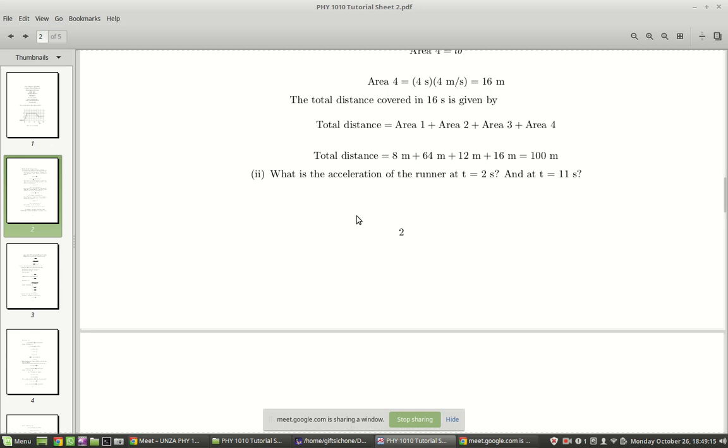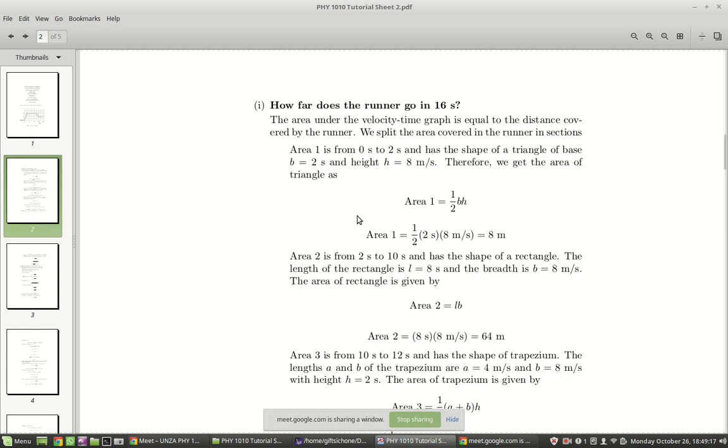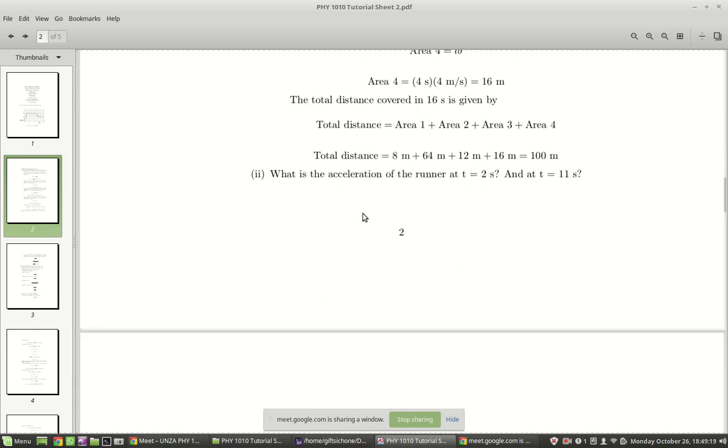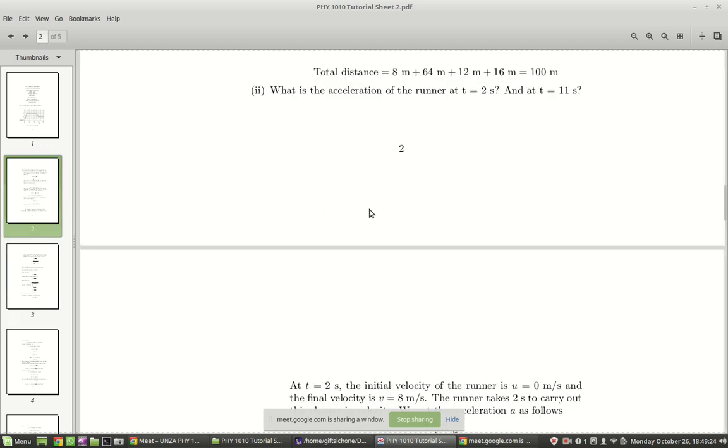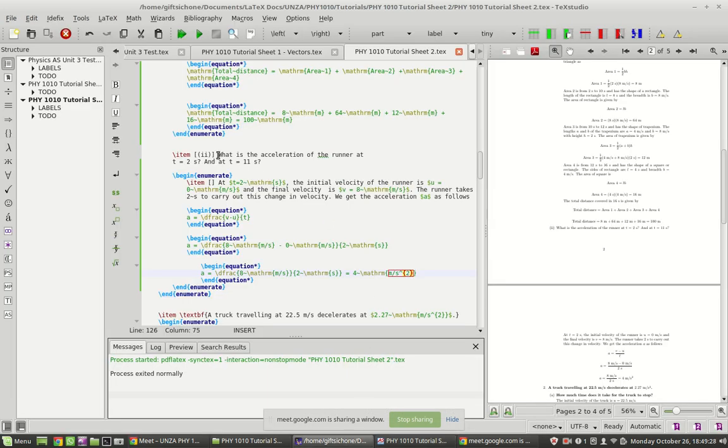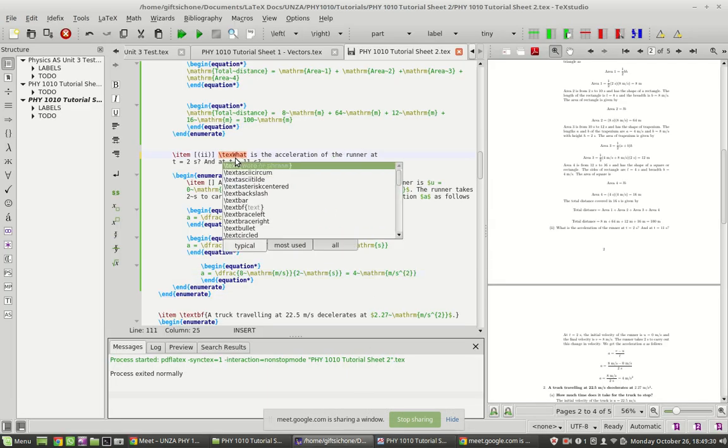Then if you go back to what we were told, at the other time where you're supposed to check the acceleration, at 11 seconds.